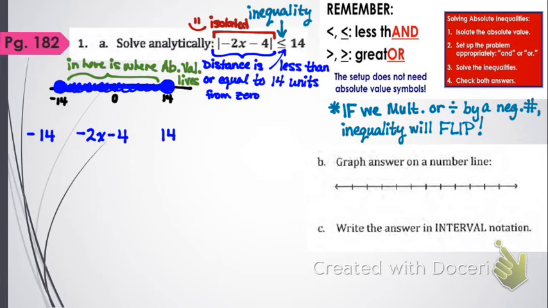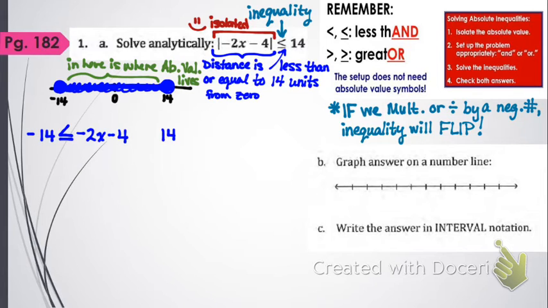Which number would the alligator not eat here? Negative 14, right? The smallest number up here is negative 14, so the alligator's not ever going to eat that, right? Alligator eats the bigger thing. So I'm going to have a less than or equal to here.